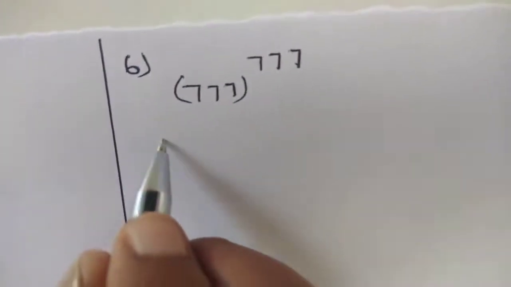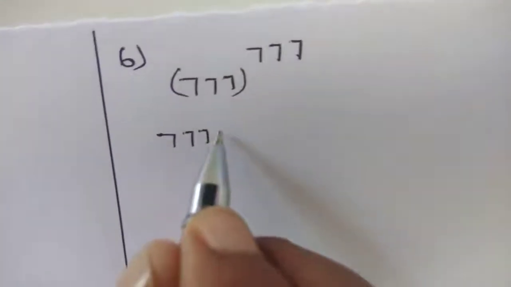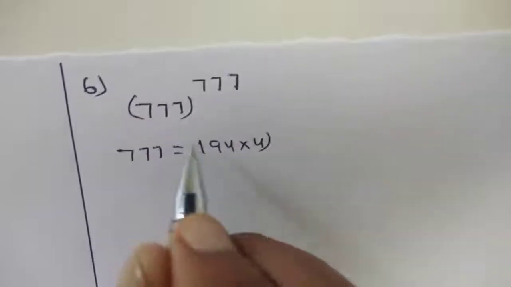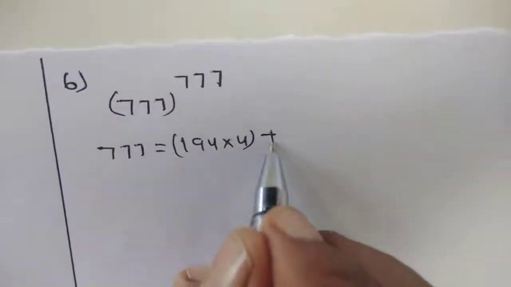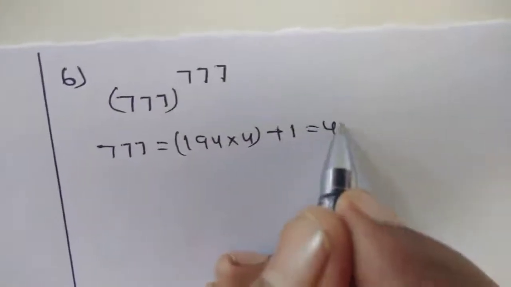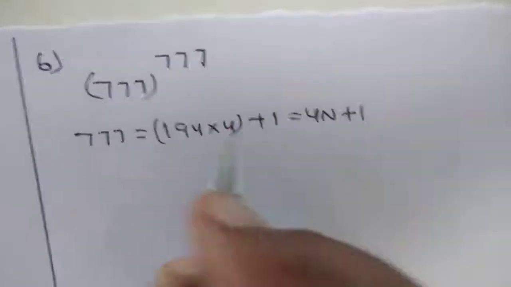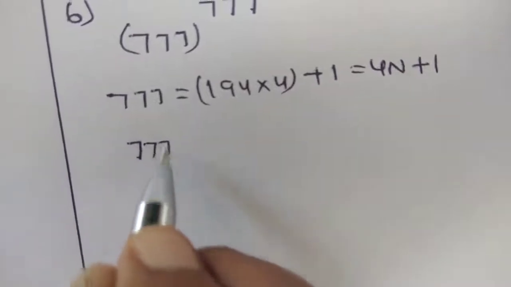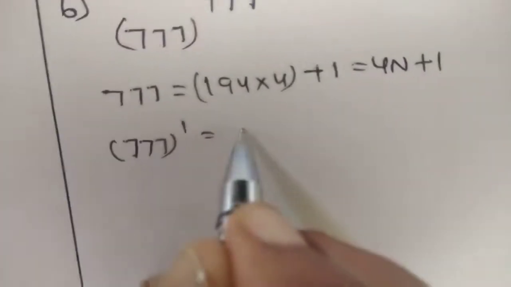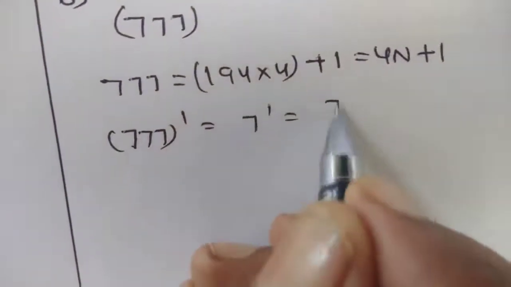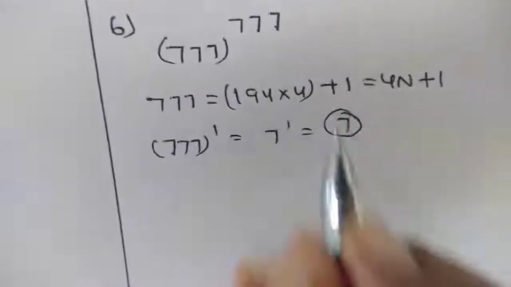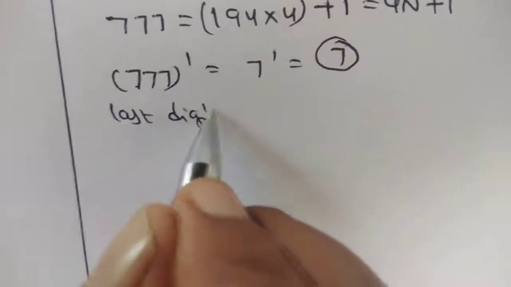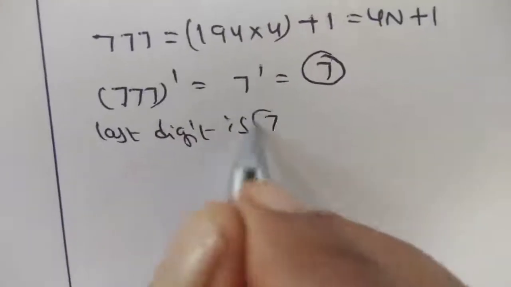You see here, 777 can be written as 194 in multiples of 4 plus 1, that is 4n plus 1. And see 777 to the power 1, so it's 7 power 1, so last digit is 7.